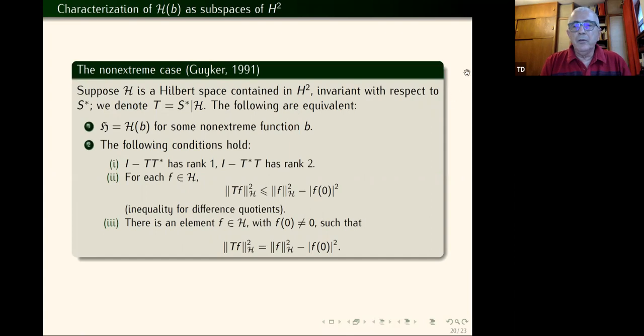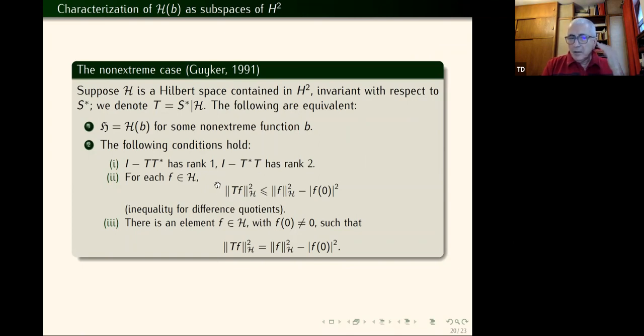Now, the first two, maybe you remember them. They appeared also in the abstract characterization of operators that are unitary equivalent to some S star restricted to the de Branges-Rovnyak spaces. The second and the third are well-known properties of the de Branges-Rovnyak spaces.